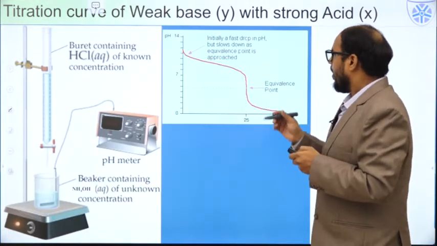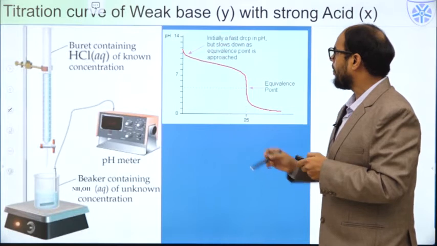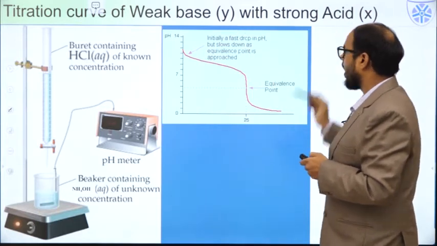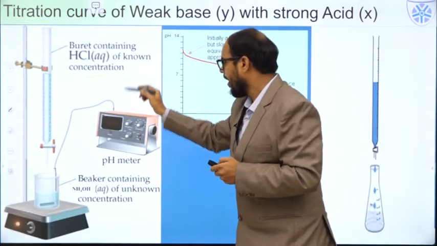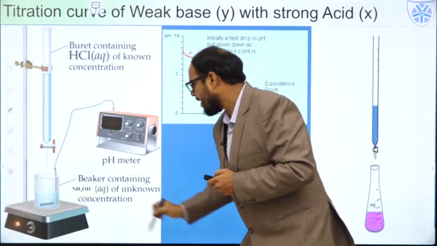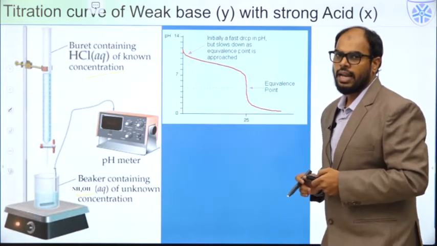And we can also have a titration curve of a weak base with a strong acid, where we take HCl as the titrant and ammonium hydroxide as the analyte.